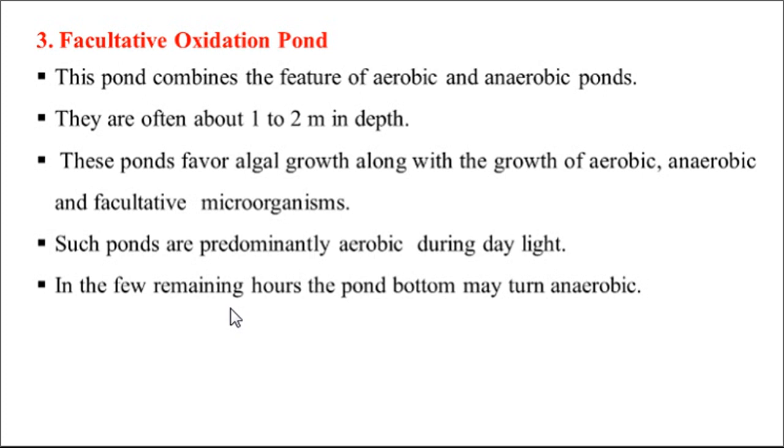These ponds favor algal growth along with the growth of aerobic, anaerobic and facultative microorganisms. Such ponds are predominantly aerobic during daylight, and in the remaining hours the pond may turn anaerobic, particularly the bottom zone.